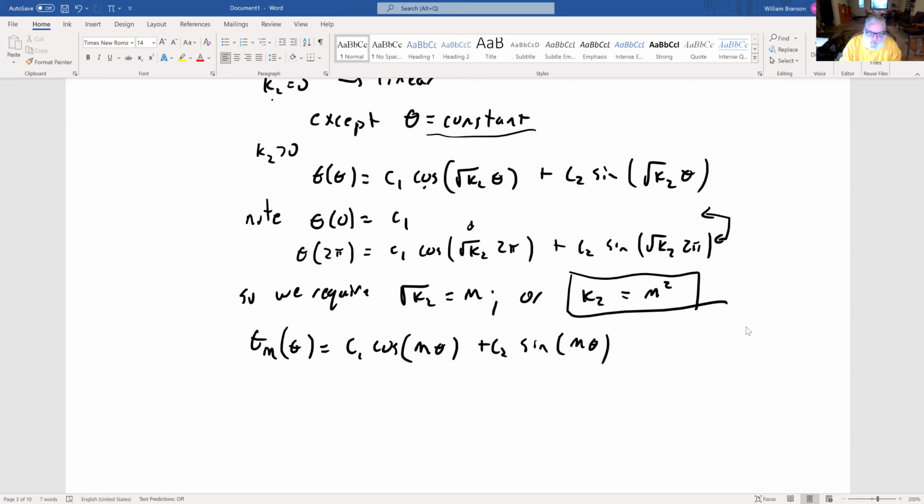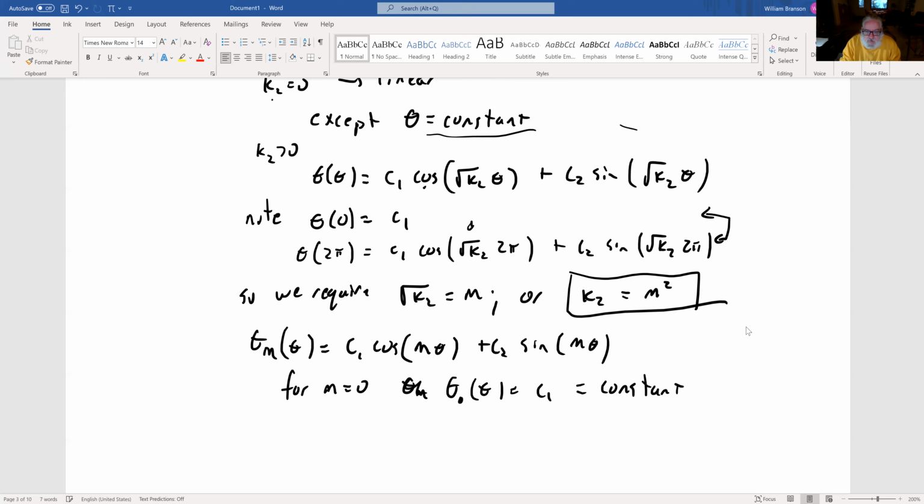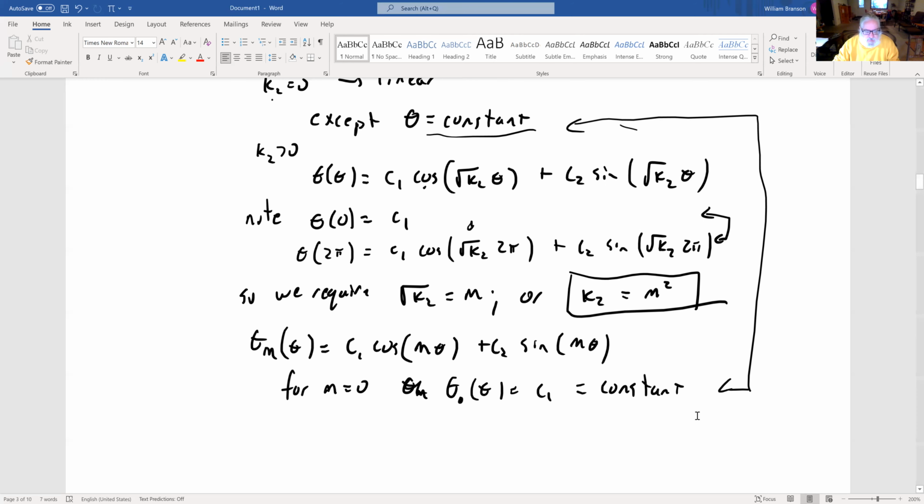And note, if we take m equal to 0, we get theta sub 0 of theta, and that's just going to be C1. And so by letting m start at 0 instead of 1, we can include the constant case that we actually picked up from setting K2 equal to 0.